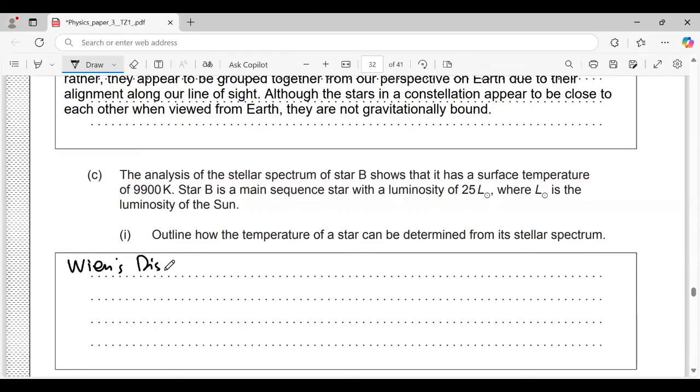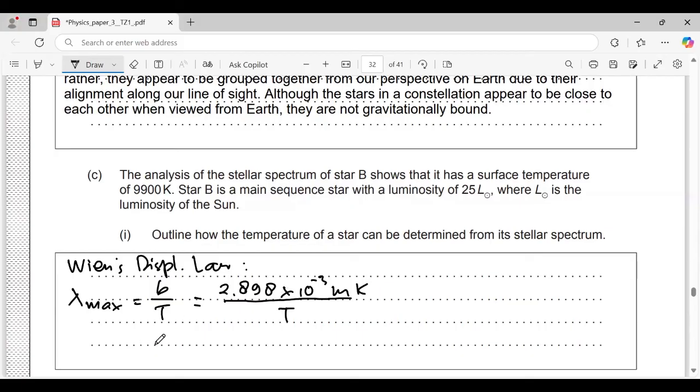It says that lambda max equals b over T. Lambda max is the wavelength at which the star's emission is strongest. b is Wien's displacement constant, 2.898 × 10^-3 meter Kelvin, while T is the surface temperature of the star, in Kelvin.